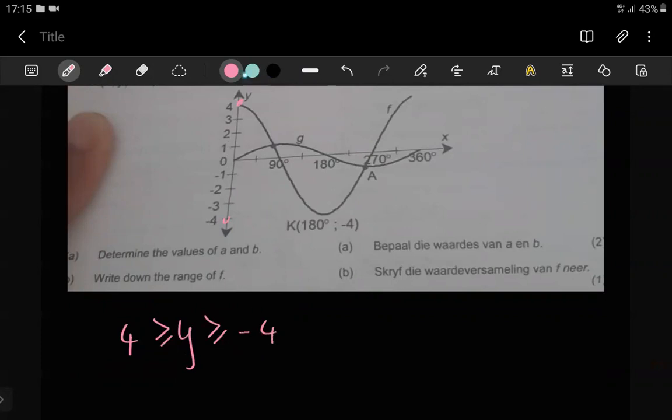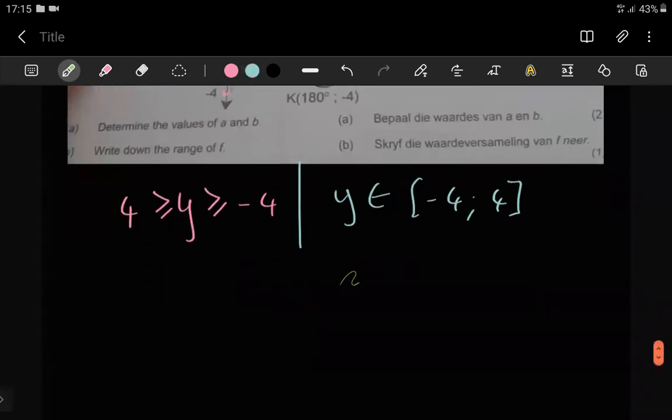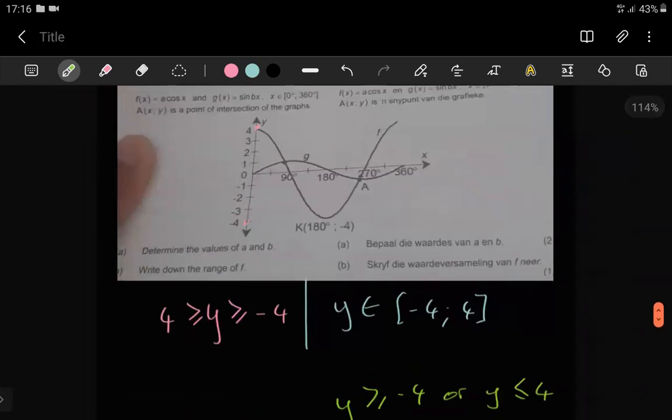Another way is y is an element of -4 to 4. Another way is y is bigger or equal to -4, or y is smaller or equal to 4. Three ways of writing it, but it's all the same. It's all up to you.